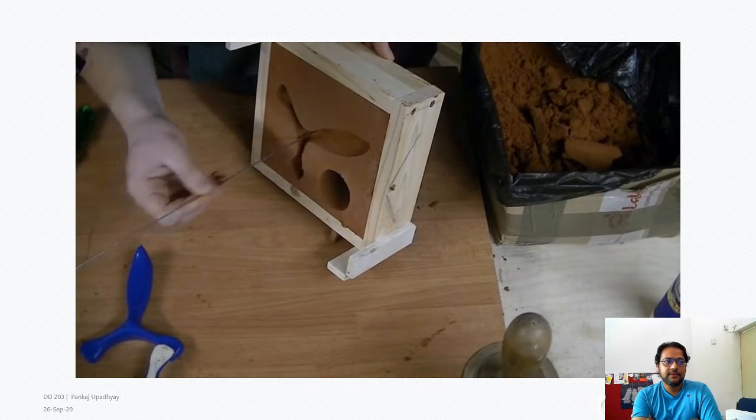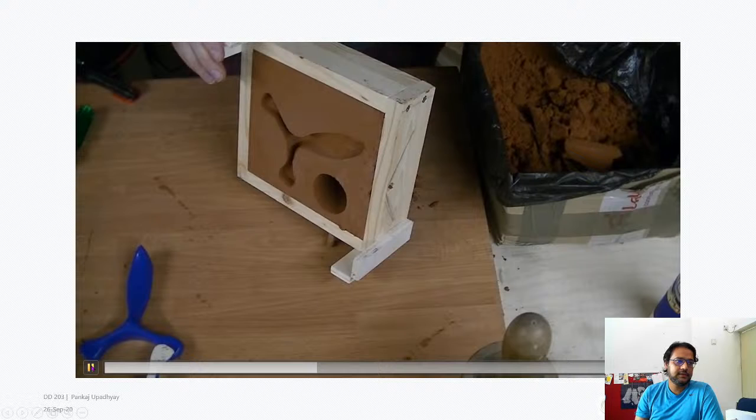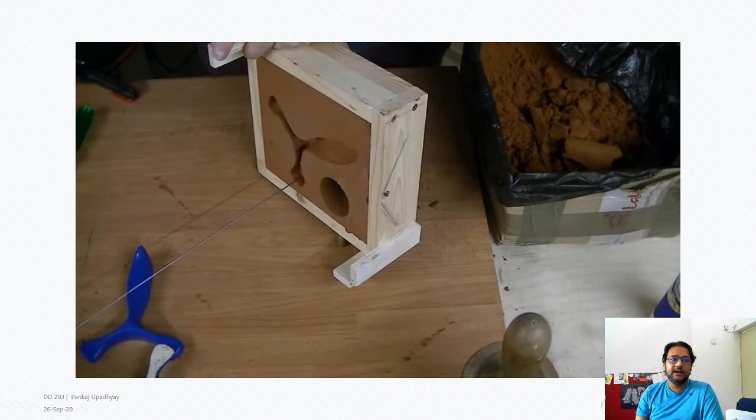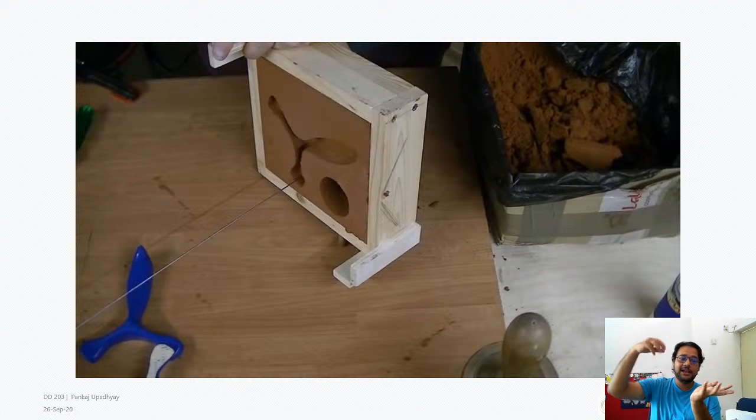Vent holes are poked at the high spots of the cavity for the air to escape out of the mold. So this is very important, right? When you close these two pieces together, there is some air inside. When you pour in material, that air needs some place to go. You can imagine it's something like an inverted cup being dipped into water.